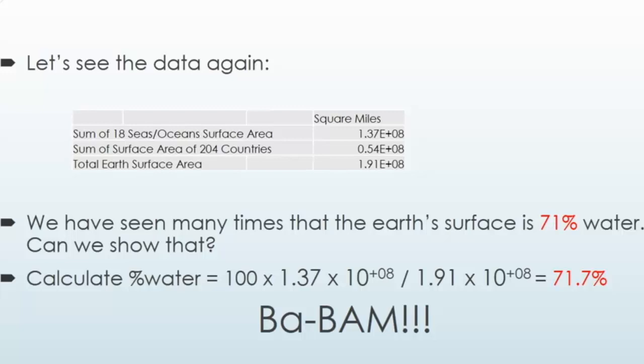So what do my numbers show in these numbers above? Let's calculate the percentage of water. I multiply times 100. Then I take 1.37, the surface area of water, divide by 1.91, the total surface area, and I get 71.7% water.